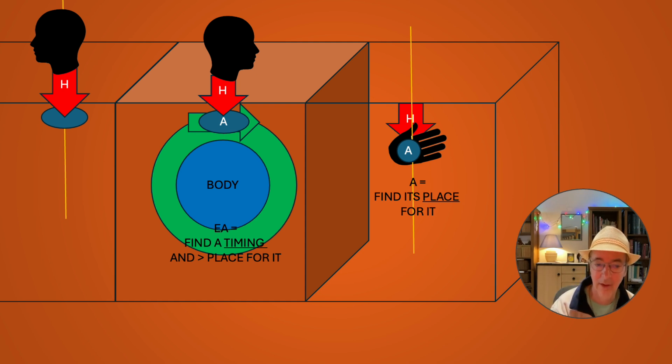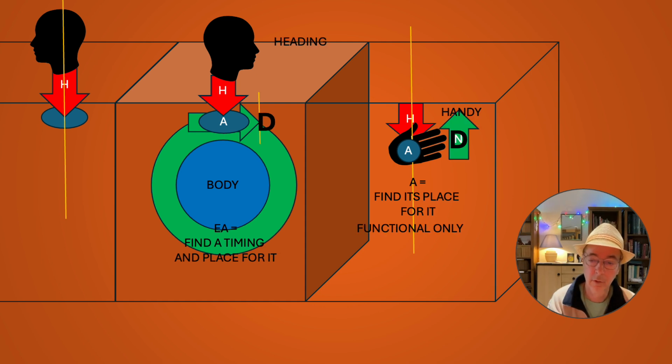Not that you can't stretch all these things. A hand can become handy, of course, but it's mostly a functional place that it gets there somewhere. While the head is also heading somewhere, it's moving somewhere. So this function is associated with both place and time at the same time and on the same level.